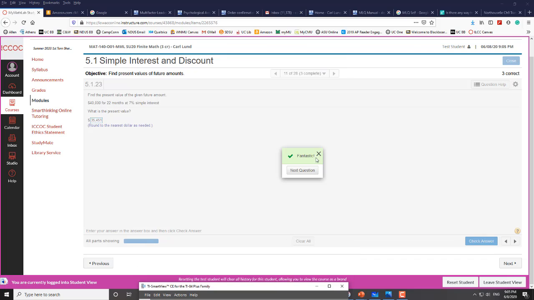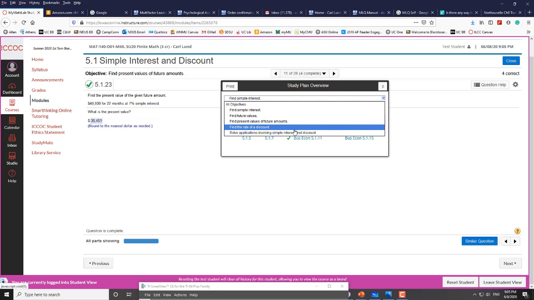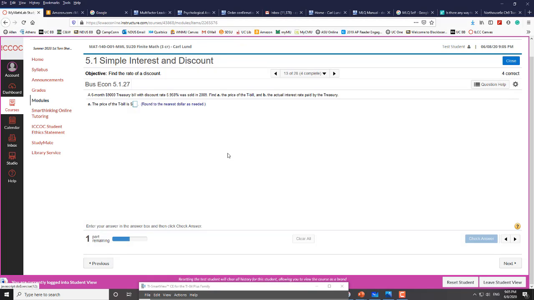So those are some examples. I want to do one more that we didn't talk about before. Come to think of it, I want to talk about discount rate. So we have here a 6-month $9,000 treasury bill, or T-bill, that's the abbreviation for it, has a discount rate of 5.958%.